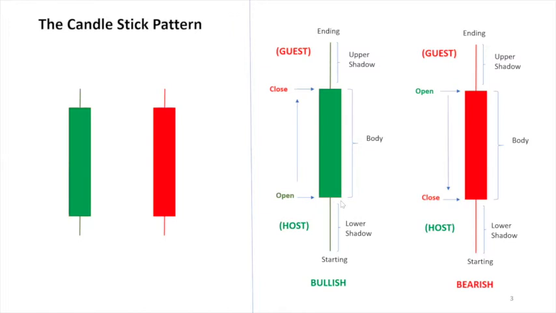If you're looking at a daily candle, this candle will take 1 day. There is a daily candle chart, a 1 hour candle chart, a 4 hour candle chart, and 5 minutes, 15 minutes. So when we look at a 1 day chart, that means one candle will take 1 day to complete.